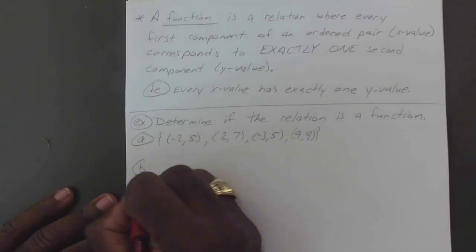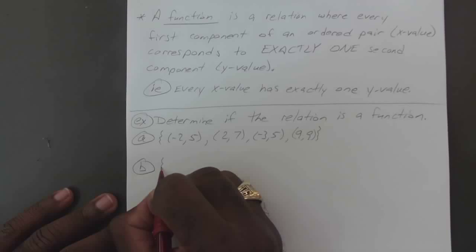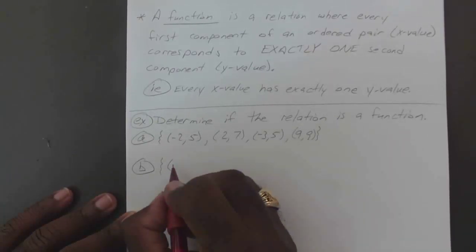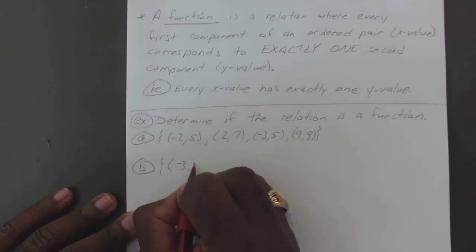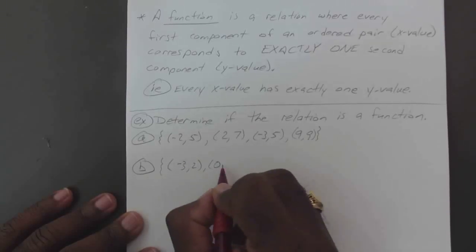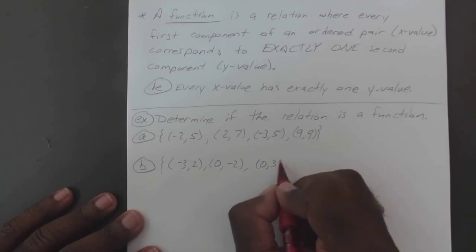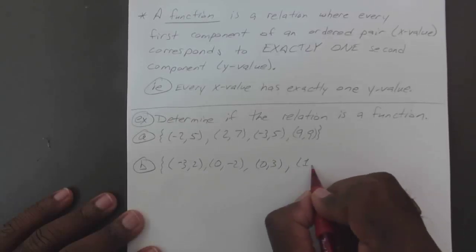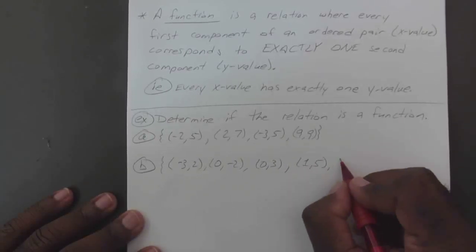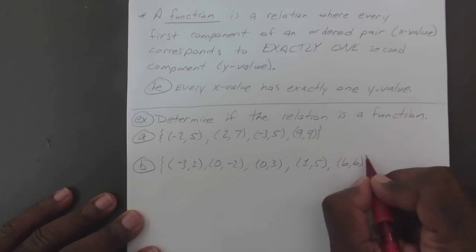And let's say for problem B, we have (-3, 2), (0, -2), (0, 3), (1, 5), and if we had (6, 6).